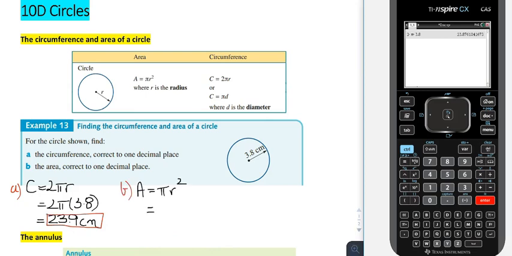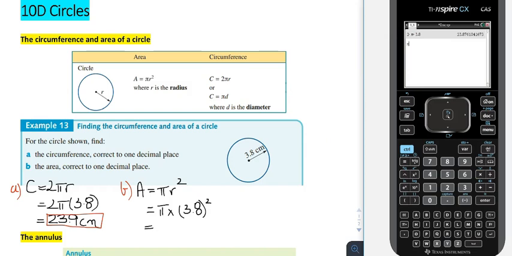So area is pi r squared, which is pi times 3.8 squared, again into my calculator. So notice this is my screen with pi, so I click the pi button. There's pi, there's i, there's infinity, e, theta, and a bunch of different things. And realistically, we're probably only going to be using the pi button out of here.